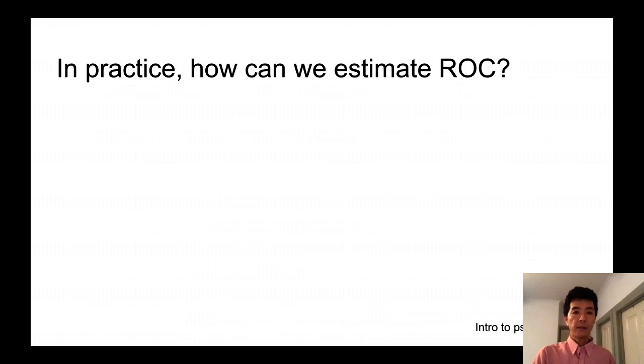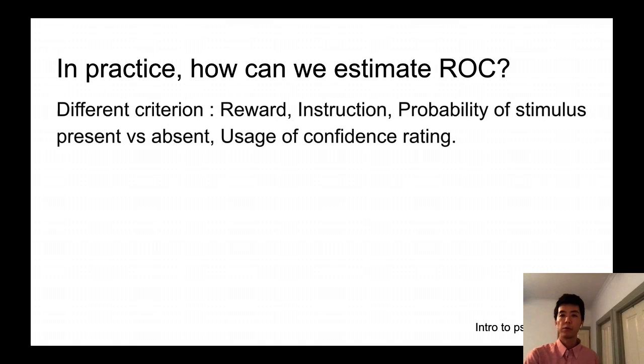So in practice, how we can estimate the ROC is a little bit convoluted. But the most straightforward way to do it is to do this experiment many times and ask people by changing their criterion, either implicitly by giving more reward or more punishment for saying yes or no, or for making a mistake or making a correct hit.